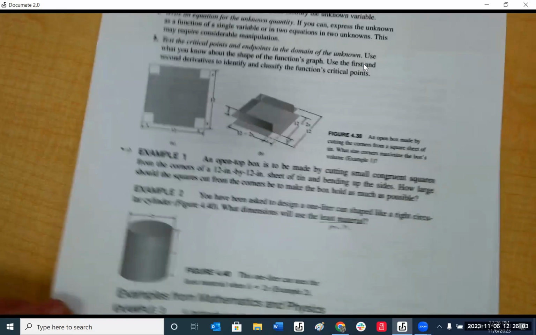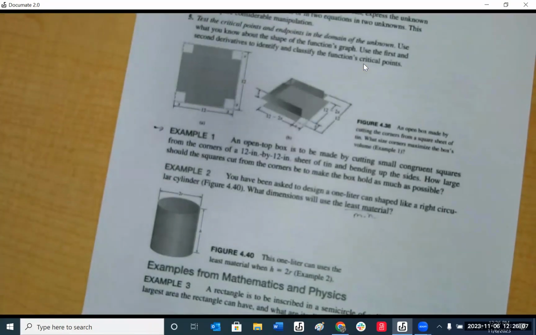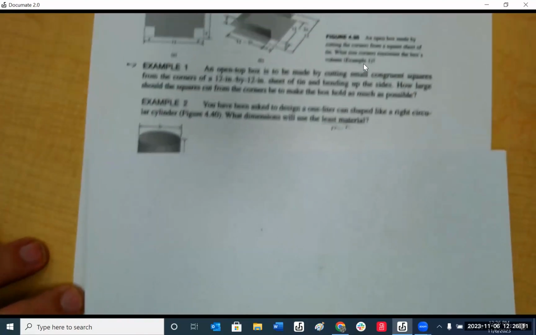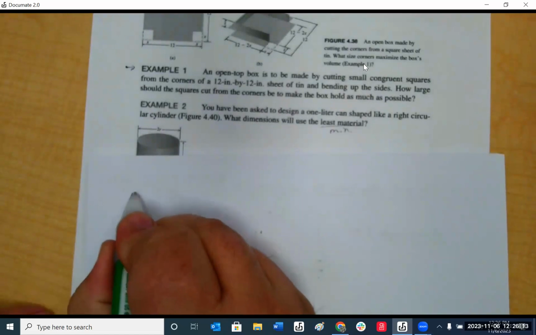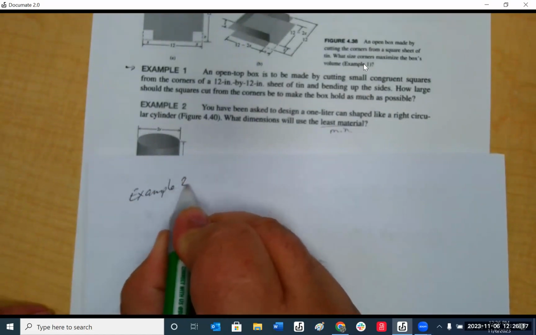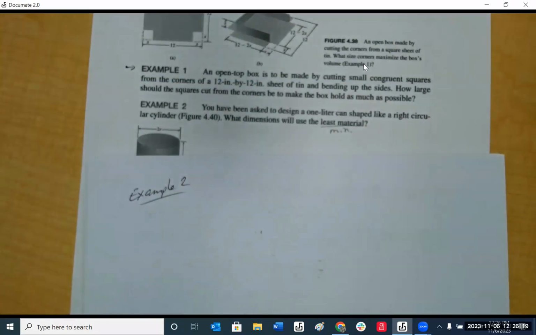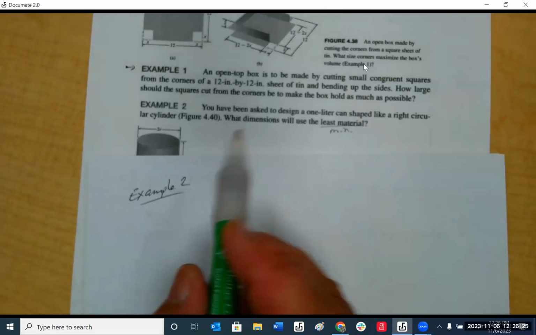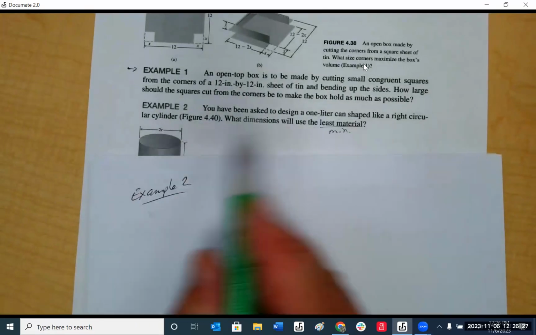So what formula would we use for this one? Are we looking for area, volume, perimeter, or what? We're looking for surface area, because the material is hollow. Yes, because it's a circular cylinder.